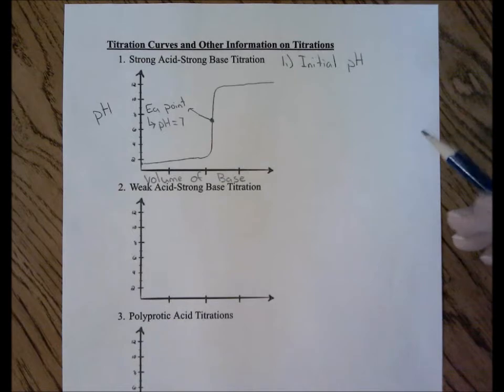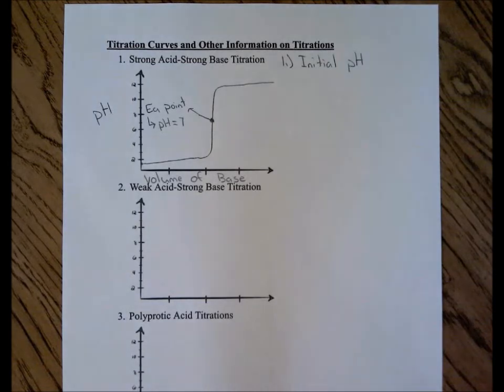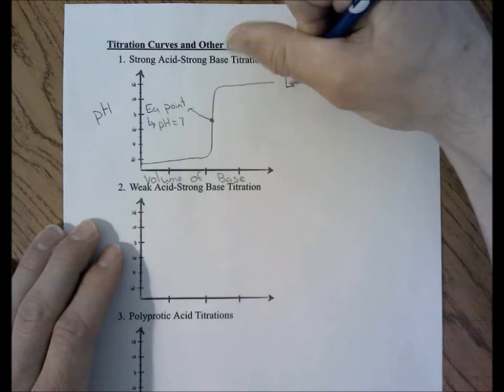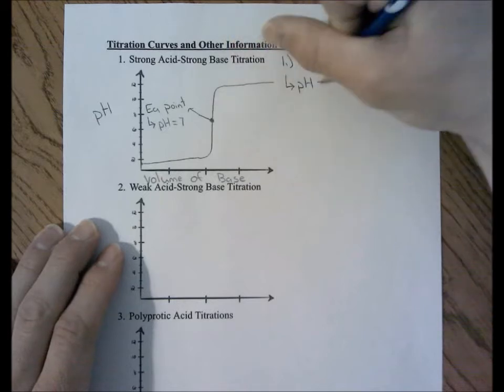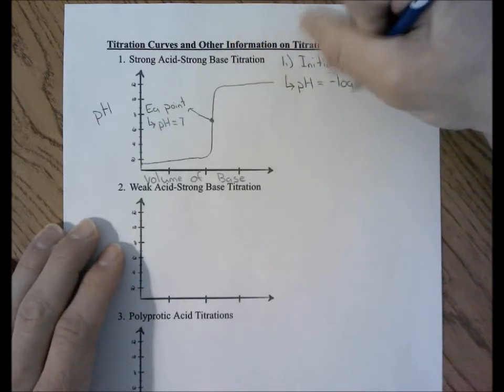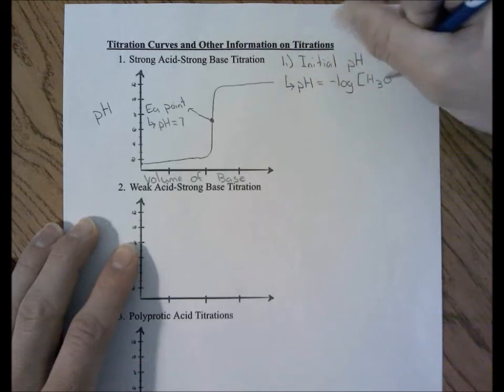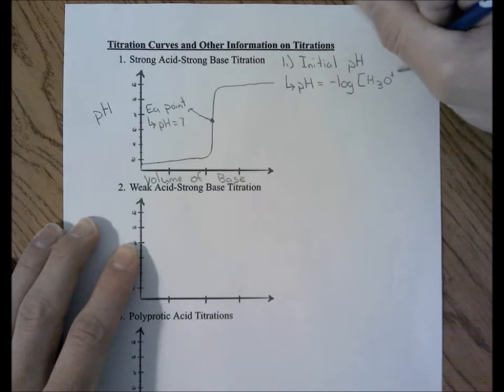But to calculate that initial pH, we are just going to utilize pH equals the negative log of the concentration of hydronium, or H3O+, ions.